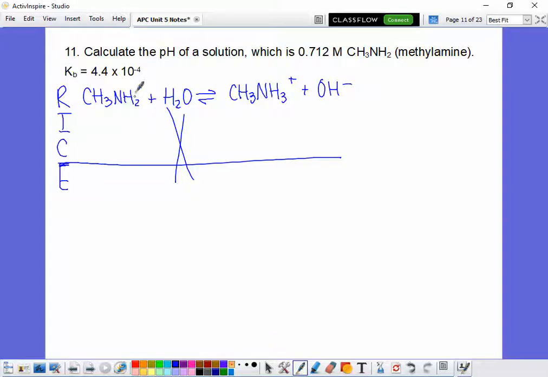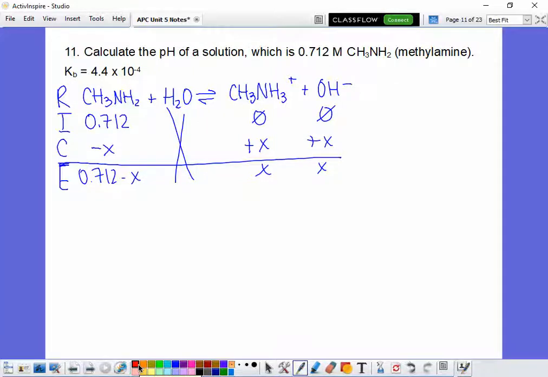So methylamine's concentration is 0.712. These are both 0 until we get to chapter 15. Then we'll have more information given in the problem, knowing if we have some of those. What's my change for methylamine? Minus X. And what's my change for my products? Plus X, X, 0.712 minus X.